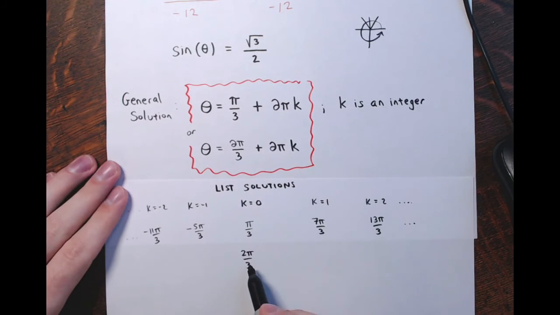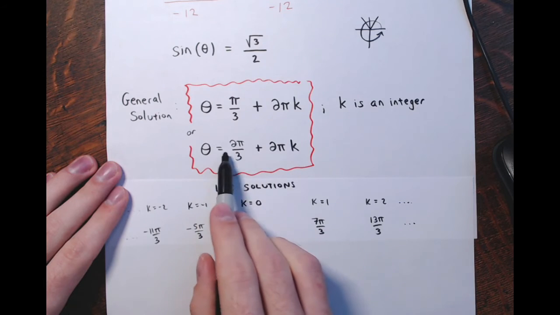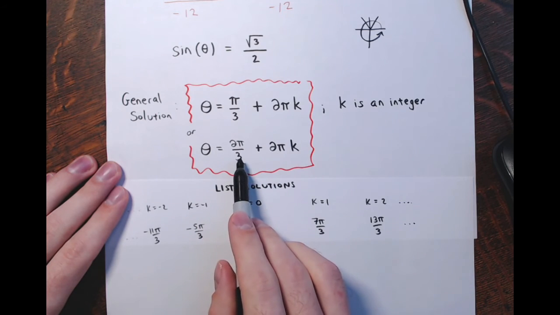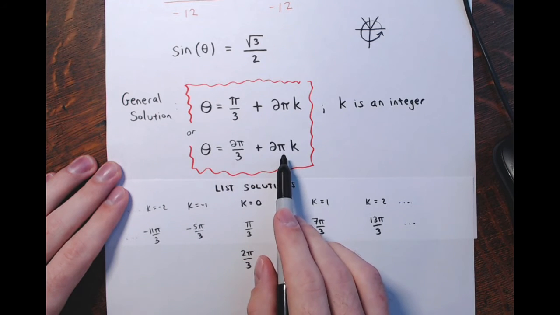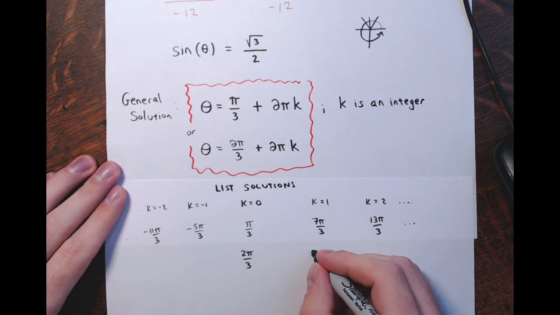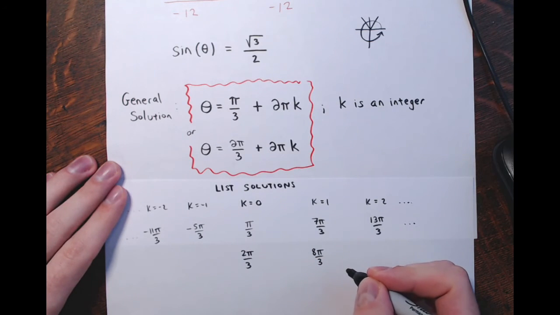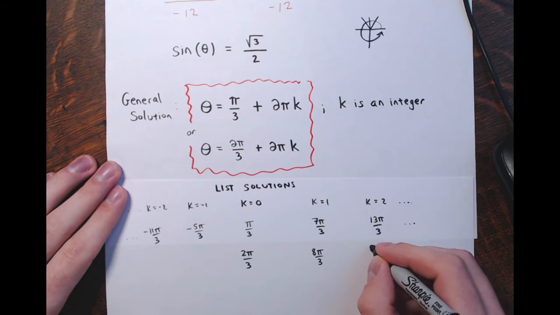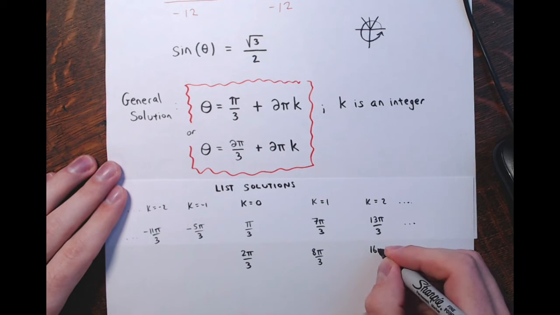Alright, and the same thing for this other branch. 2 pi over 3 is a solution, and I can also just keep adding or subtracting 2 pi, which is 6 pi over 3. So 2 pi over 3 plus 6 pi over 3, 8 pi over 3, would be another value of theta that would work in this equation. Another solution, 16 pi over 3, I'm sorry, 14.